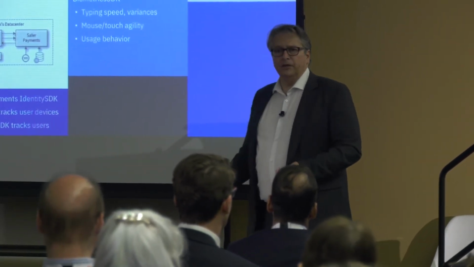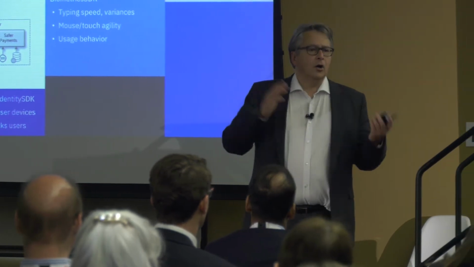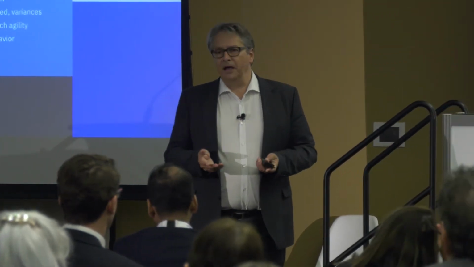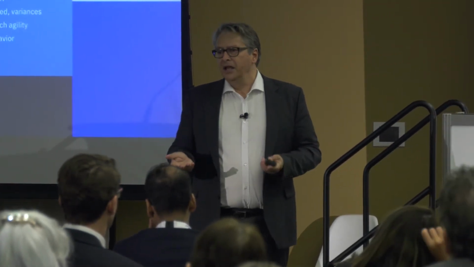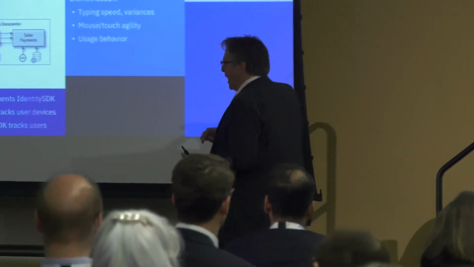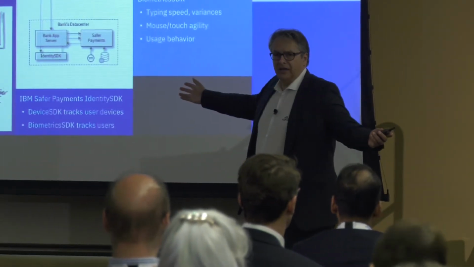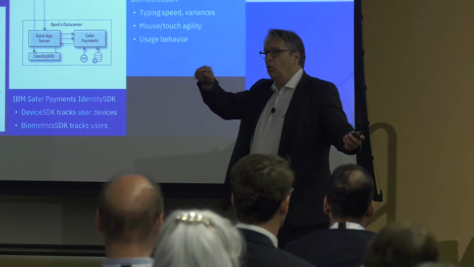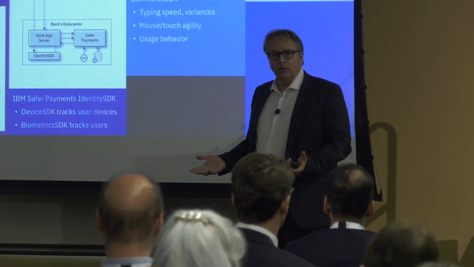Also, typical user behavior. Are they copy and pasting the login and the password in, or are they typing it in? So there are certain things which tend to be very stable for most users, and it's not like we have to find out of a million users I have on my bank side, who is this person. That's not the problem we have to solve.